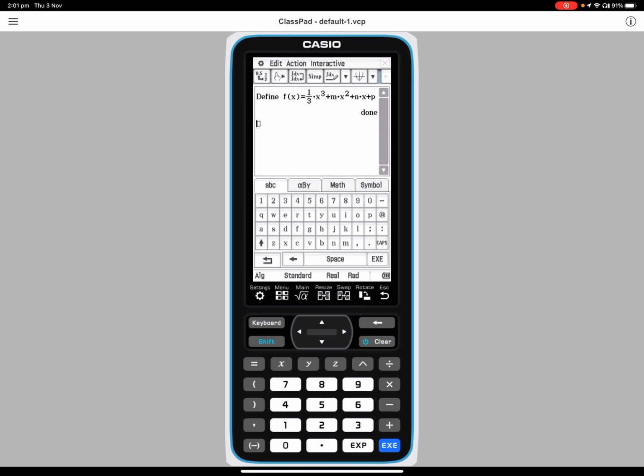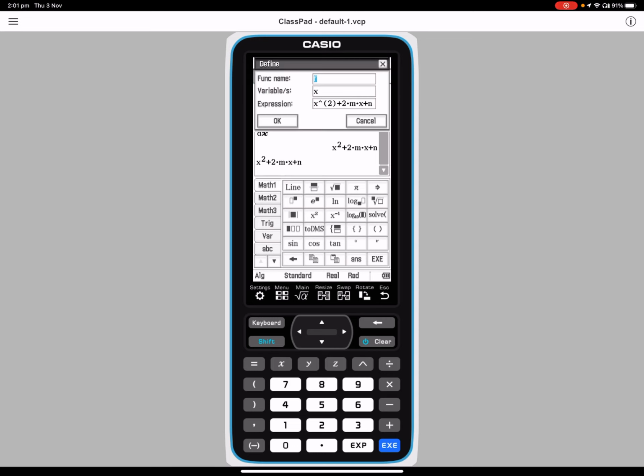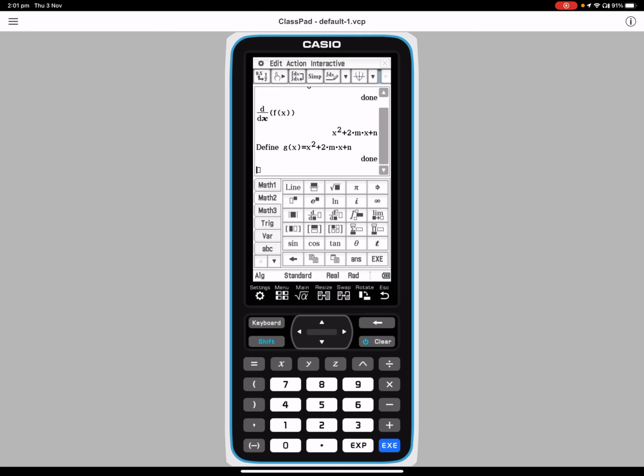Define that as f of x, derive it, define that as g of x, and then we know we can use simultaneous equations.